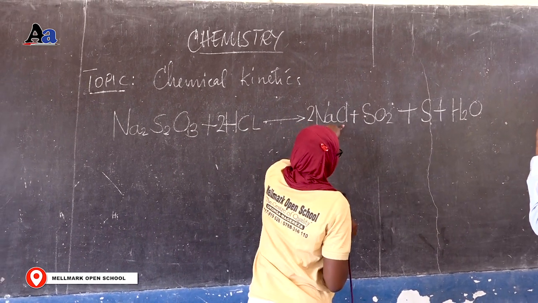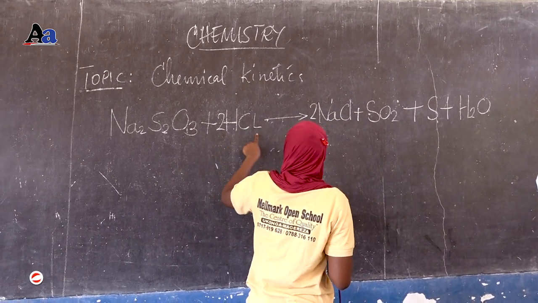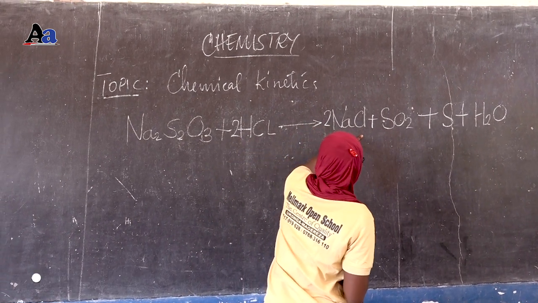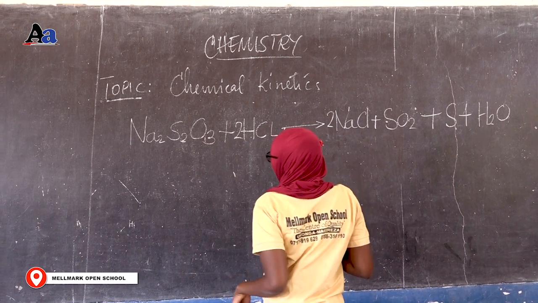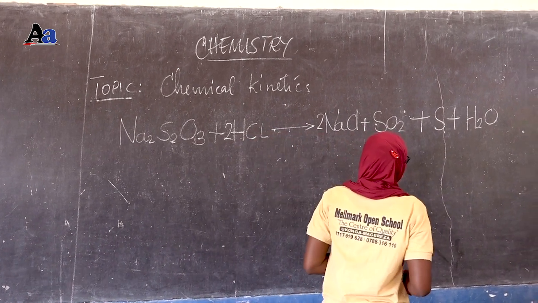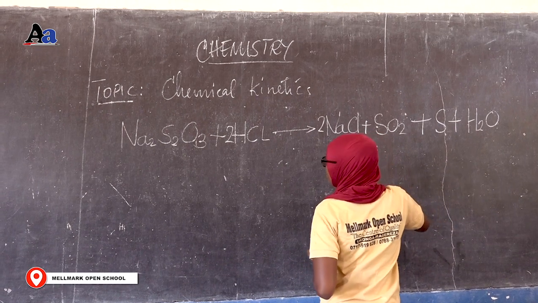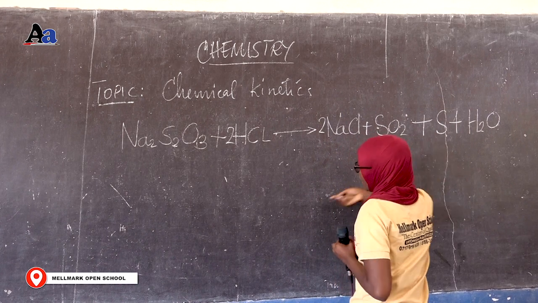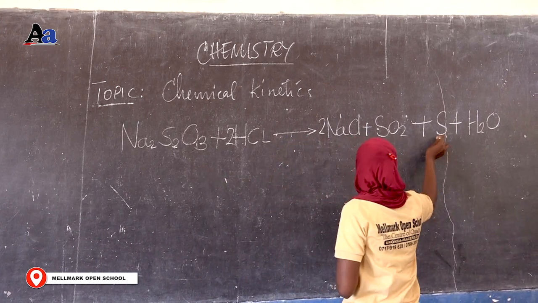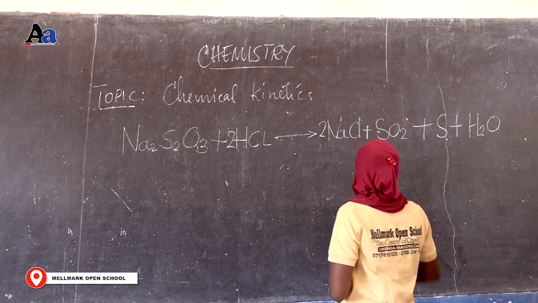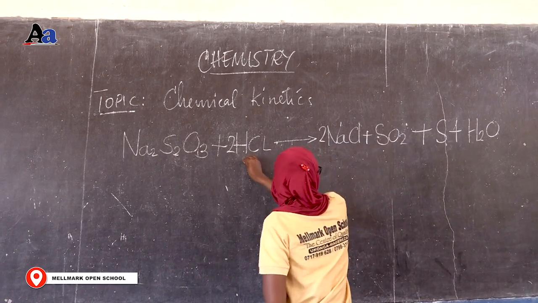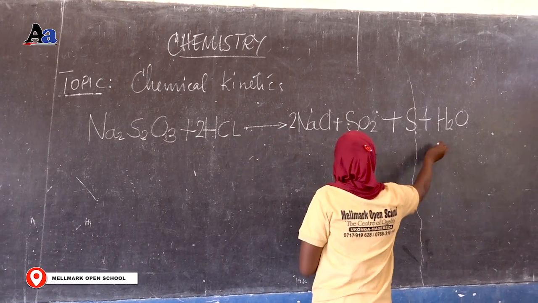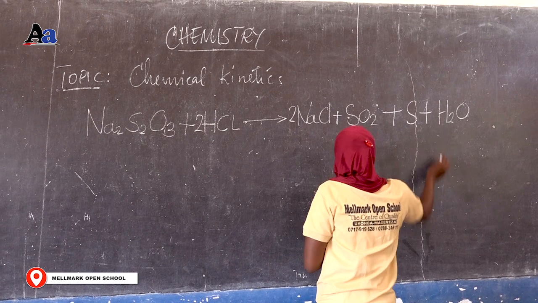Also, we have two chlorine in reactant side. Also, we have two chlorine in product side. Also, we have two sulfur in reactant side. Also, we have two sulfur in product side. Also, we have two hydrogen in reactant side. Also, we have two hydrogen in product side.